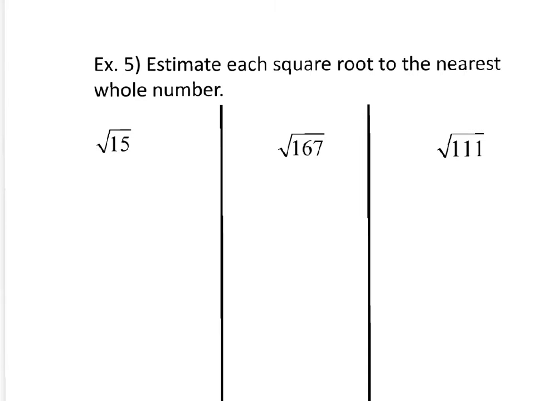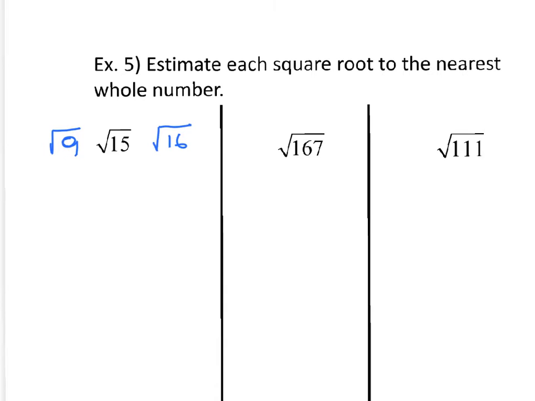When you want to estimate the square root to the nearest whole number, this is what you can do, and this is without a calculator. You have to understand the perfect square numbers. So I'm looking at the first square root on the left side, the square root of 15. I notice that 15 is really close to 16, and that is a perfect square number. So the square root of 16 is on the right side of the 15 if you think about the number line. And then I look at another perfect square number that's before the 15, and that's going to be 9.